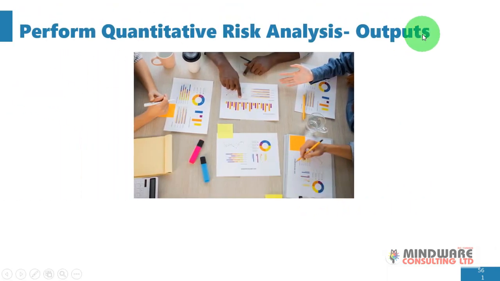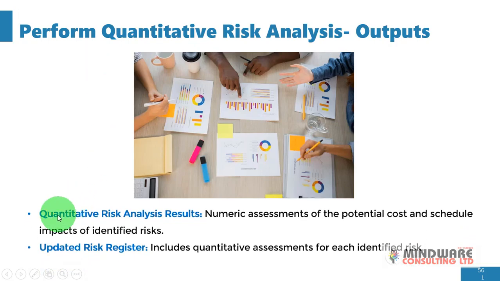So what are the outputs of this process? Firstly, we have the quantitative risk analysis results. From the analysis, of course, you're going to have results, and this involves numeric assessment of the potential cost and schedule impact of identified risks.